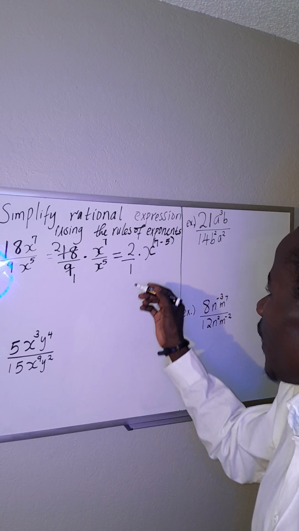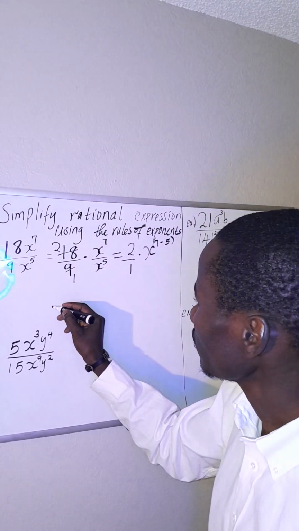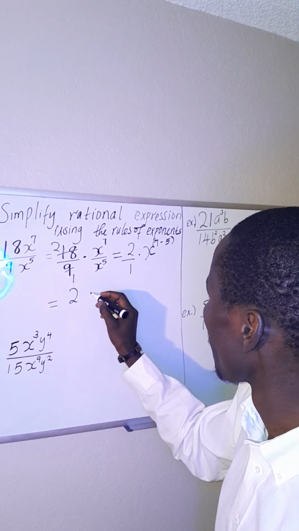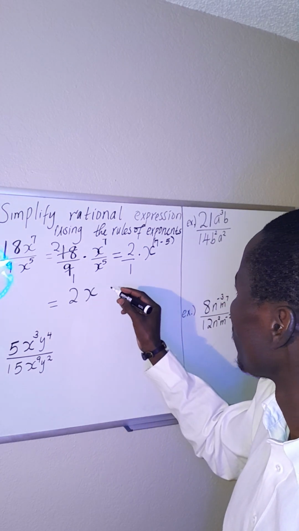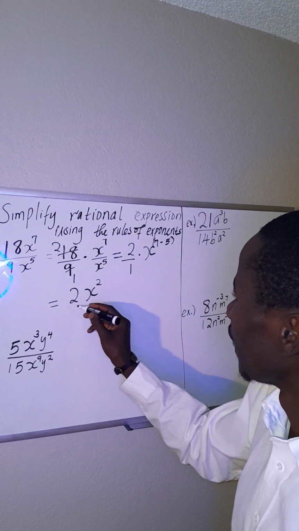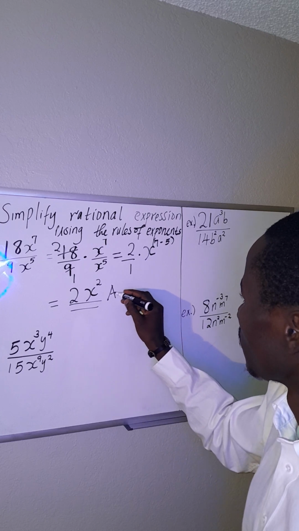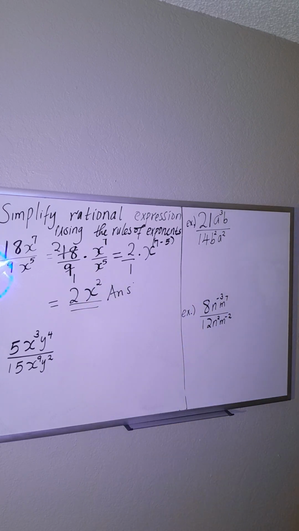Now what do I have? 2x raised to the power of 2. This is my solution, the answer for the first question. I hope you follow through.